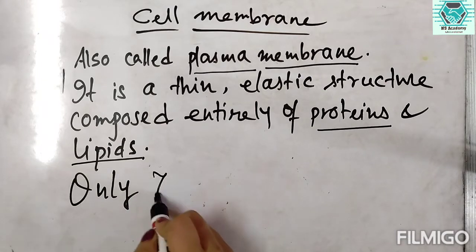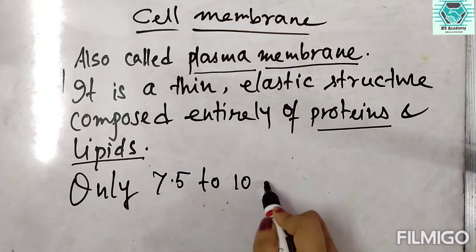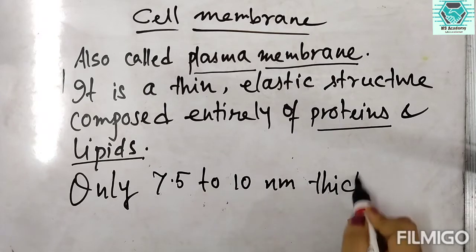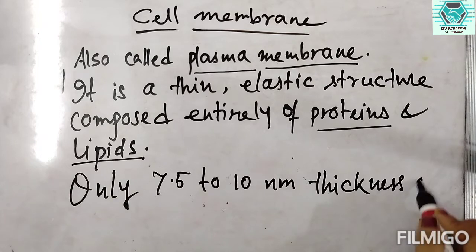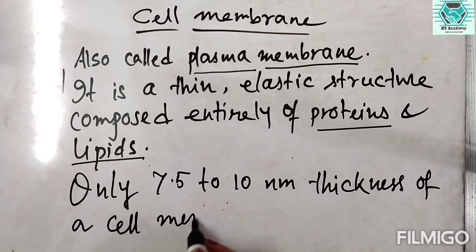A cell membrane has a thickness of only 7.5 to 10 nanometers.